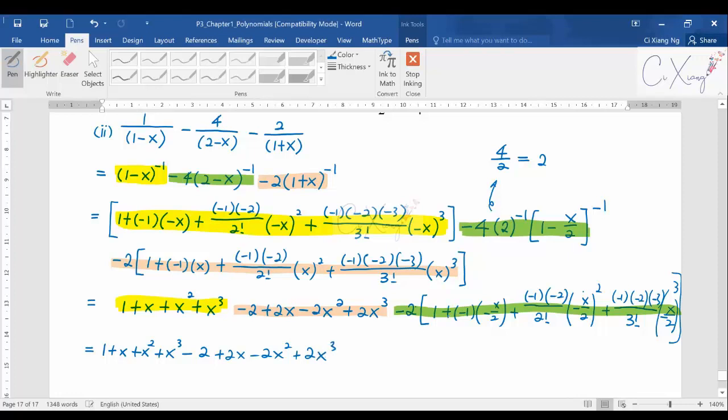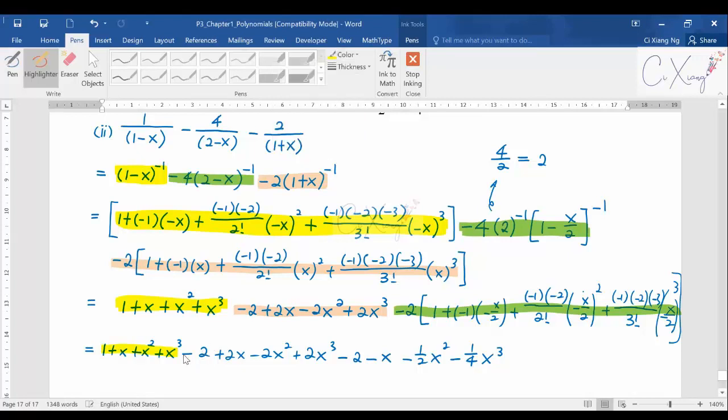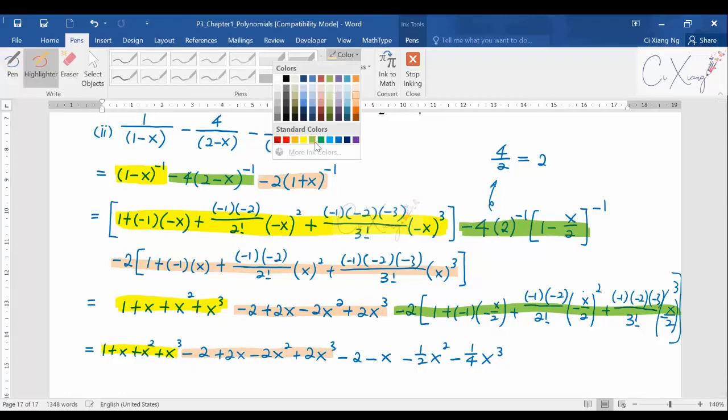So if you expand the green color part correctly, then I think you should be able to get -2 minus x minus half x squared, and then minus 1 over 4 x power 3. So in short, what you can see is this one is the yellow color one, then this is the pink color, then this is the green.